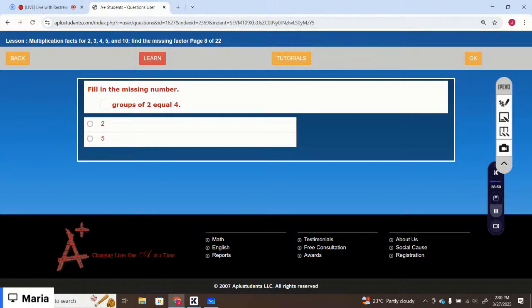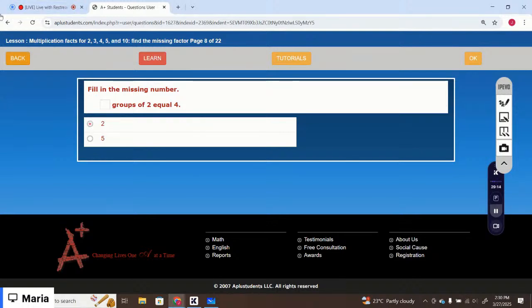How many groups of 2 equals 4? That is 2 times 2 is 4. Option number 1 is the correct option.